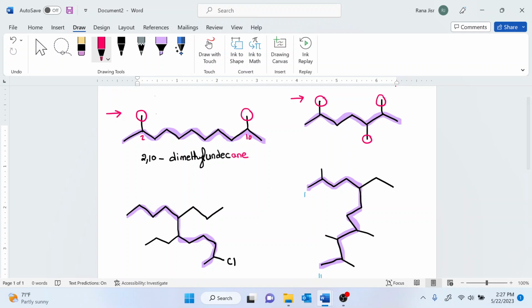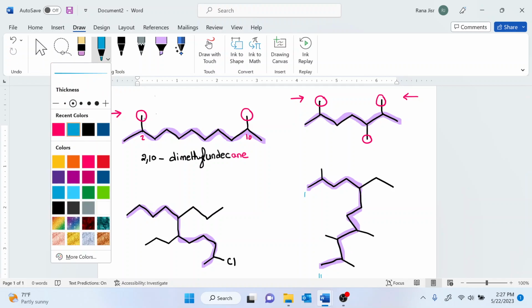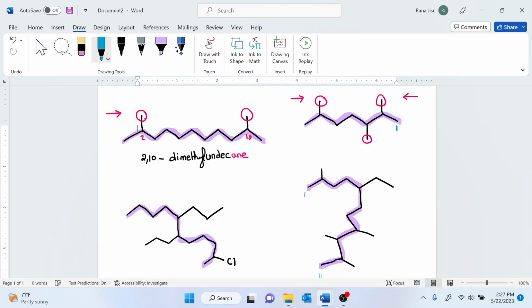And if I start numbering from the other end, this methyl here is going to be on carbon number 2 as well. So in this case, I need to look at the second substituent. The second substituent is close to this end, so this one needs to get the lowest number. So I have to start numbering from the right.